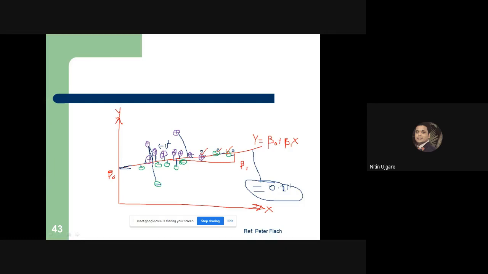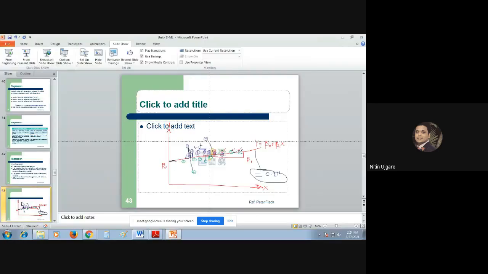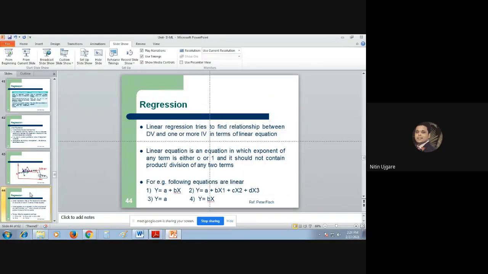All the points are close to the line. Some points are on the line and the majority of points are close to it, so they have minimum square error. That's it. Now we are going to see the next part, the example I mentioned.